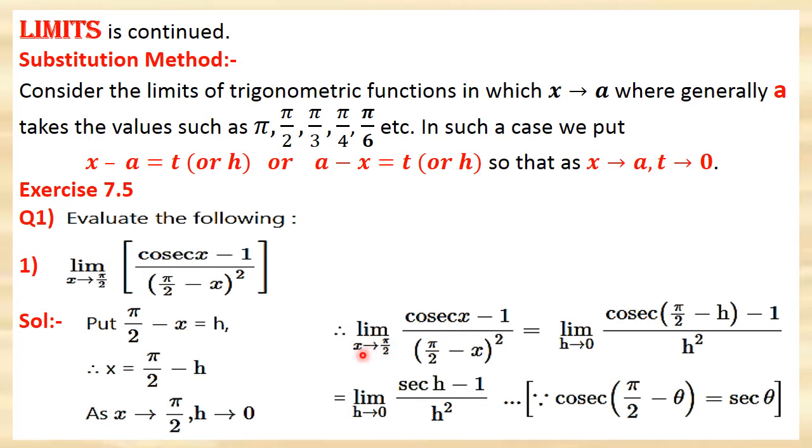Limit x tends to pi upon 2 of (cosec x minus 1) upon (pi upon 2 minus x) the whole square will be limit h tends to 0 of (cosec of (pi upon 2 minus h) minus 1) upon h square. Now cosec of (pi upon 2 minus h) is what? Sec h. So limit h tends to 0 of (sec h minus 1) upon h square.